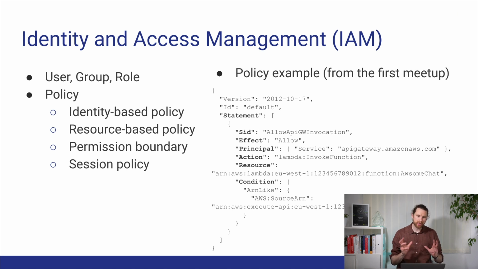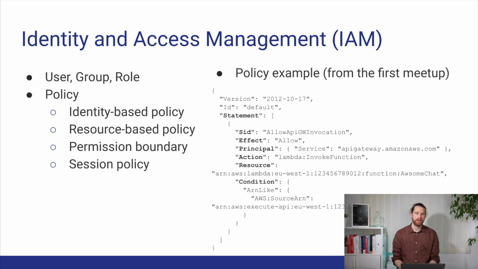Okay, so I kind of touched upon this topic, but let's talk about the actual Identity and Access Management service. And first, let's check the components, and then later on, I'm gonna have a little hands-on section so we can play with these components as well.